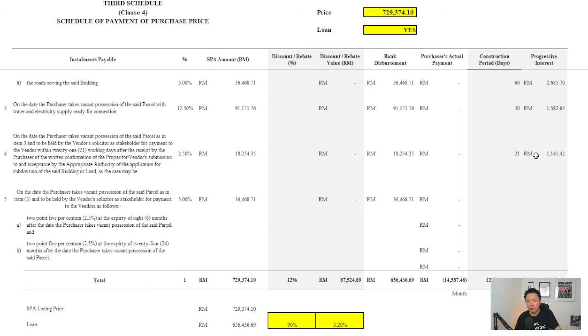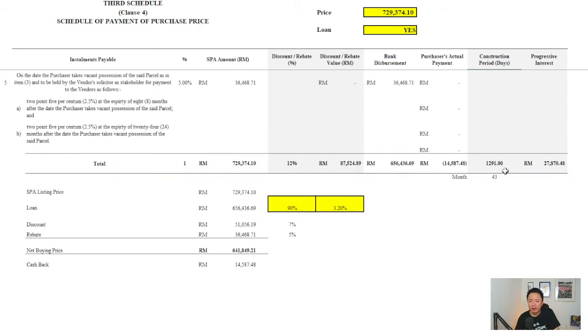For this scenario, you are actually paying over 43 months, assuming that the developer is giving VP within 43 months. So you're actually paying 27,000 just for the progressive interest.